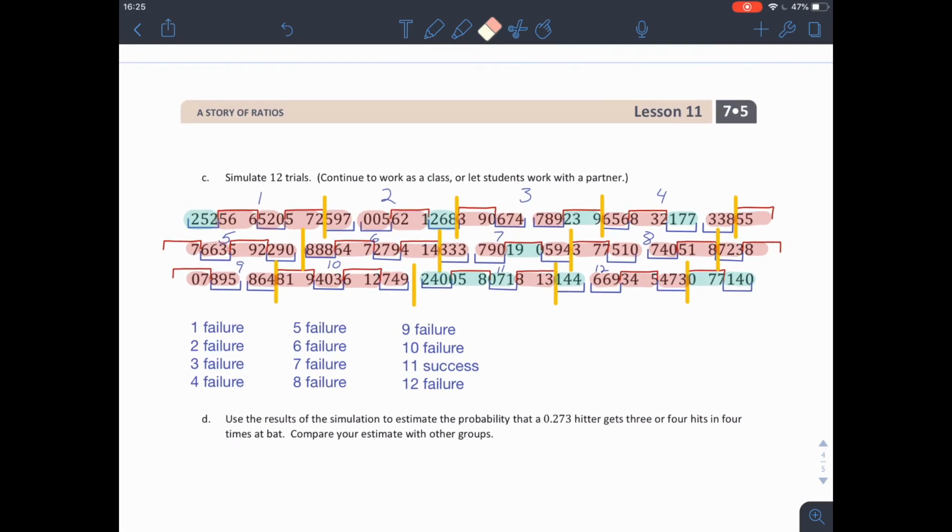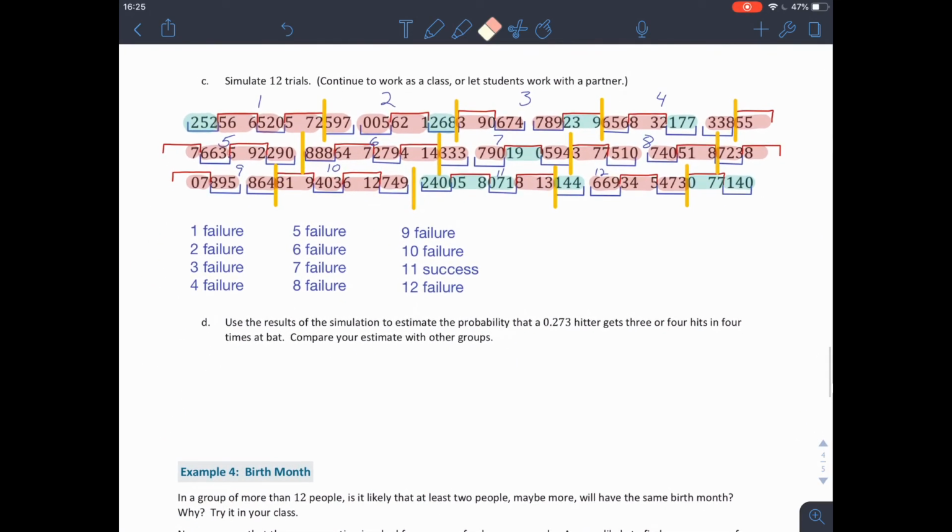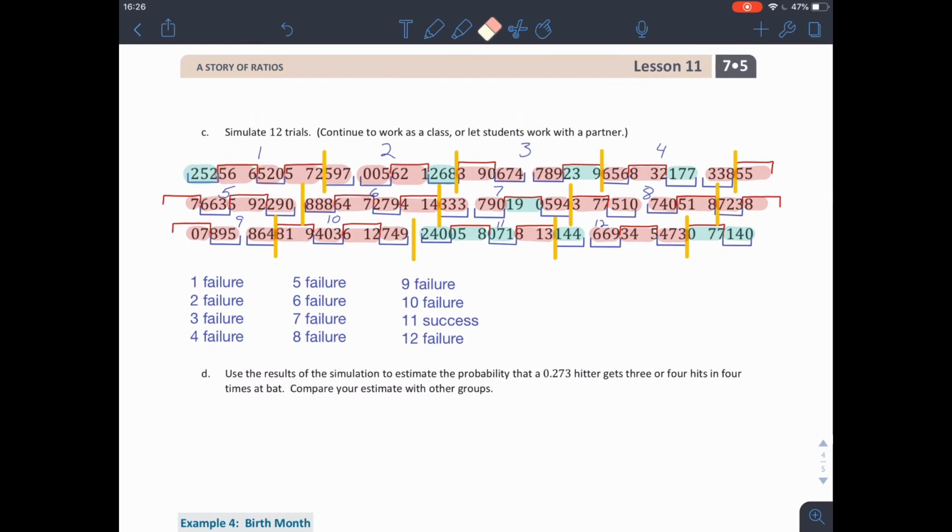So using these results from our simulation to estimate the probability that a 273 thousandths hitter gets 3 or 4 hits in 4 times at bat, we just find our probability as usual. I'm going to take my number of successes, in this case 1, and my total number of trials.